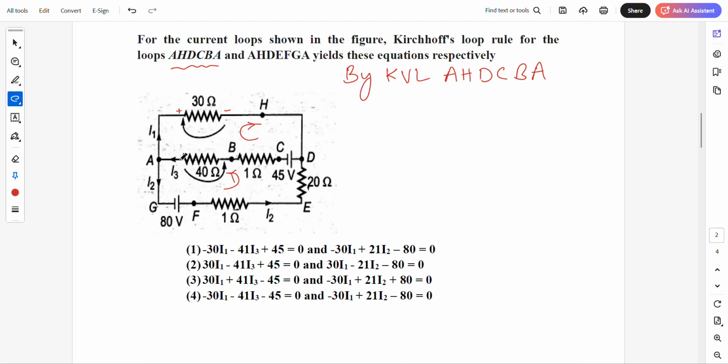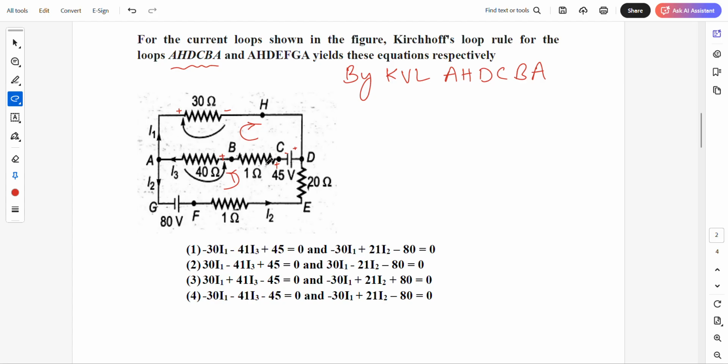Now where is I3? I3 is here, and this is also I3. This is plus only, because current is entering here. This is minus and this is plus, 45. Now we will follow this journey.